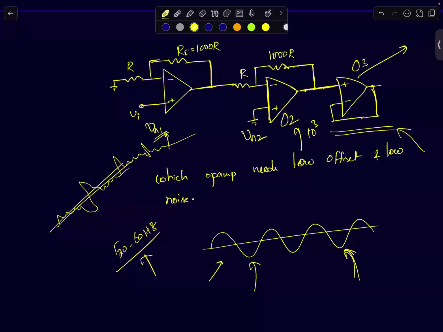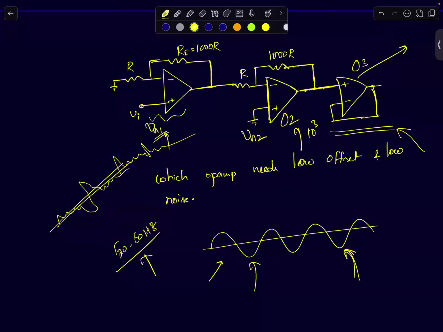We can cancel common mode noise. There are some circuit techniques. What we do is that we ensure that your input signal is differential and noise is common mode. So there are techniques to cancel out, but in general, noise is a signal that you cannot cancel out like offsets. Offset is fixed.